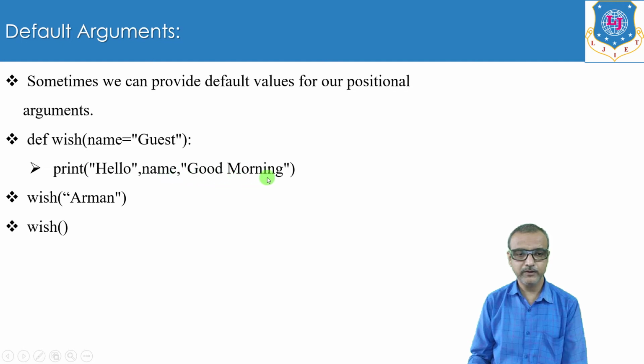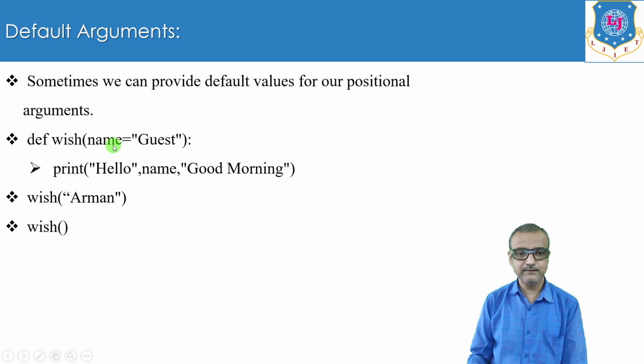So if I call the function like this, wish Arman, what will be the output in this case? The output will be hello, what is the name, that is Arman, and then after good morning. So the output in this case will be hello Arman, good morning. But if I call the function like this, wish, without passing any name, what will be the output in this case?